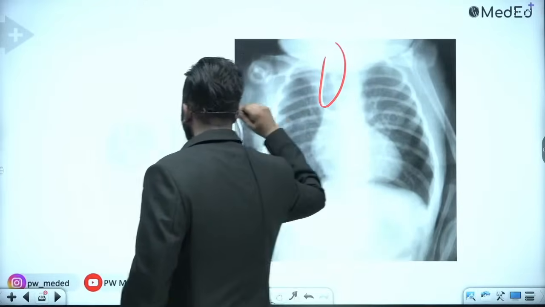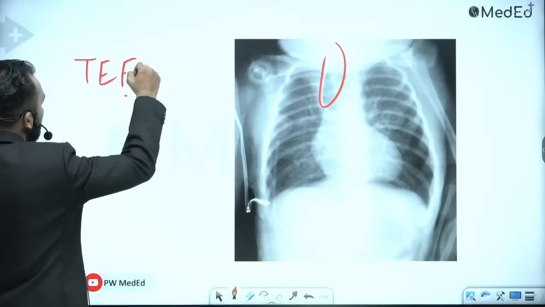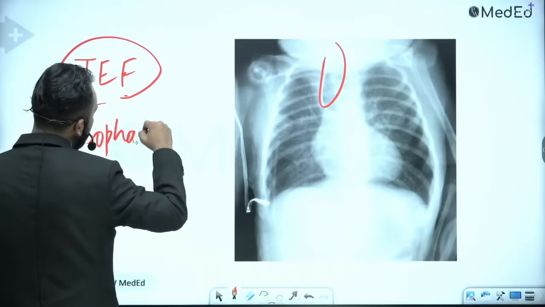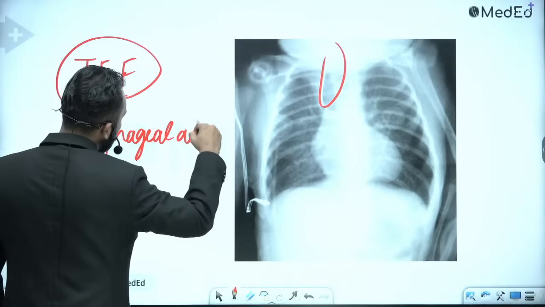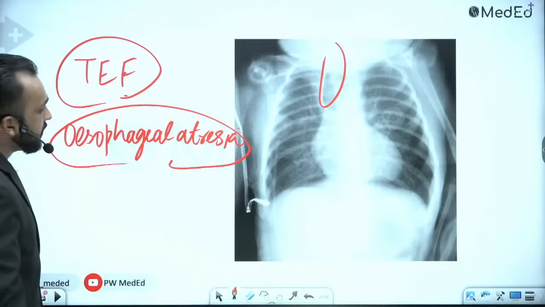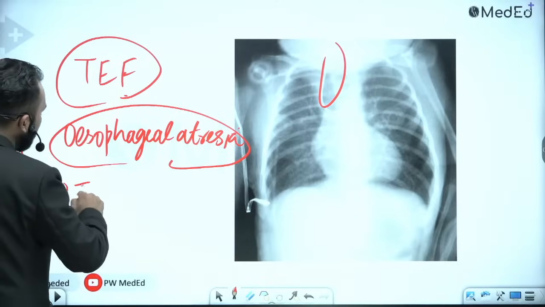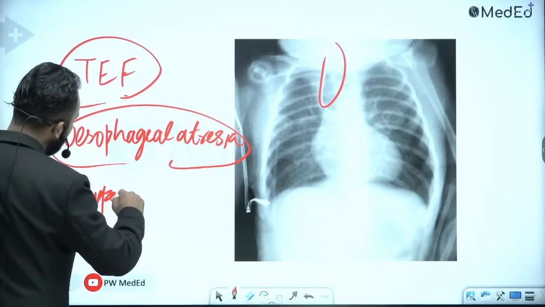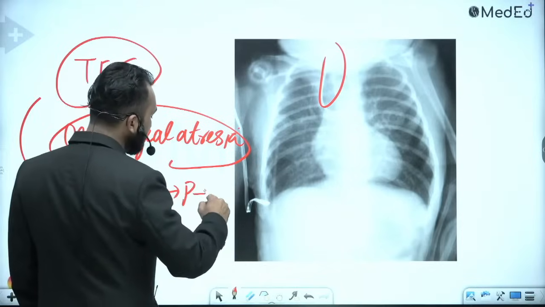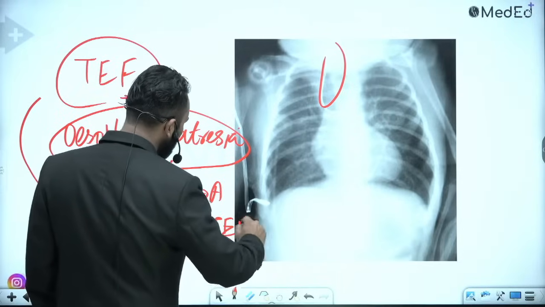This is seen in patients with tracheoesophageal fistula, in which you are going to find esophageal atresia. Because of which there is coiling of the NG tube. And remember that the type 3 tracheoesophageal fistula is the most common, in which you are going to see proximal atresia and distal tracheoesophageal fistula.